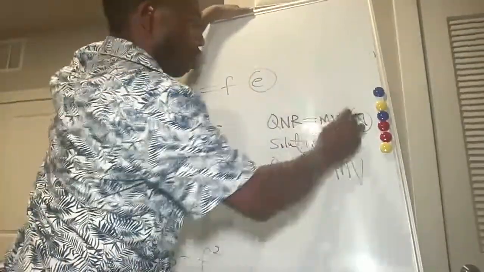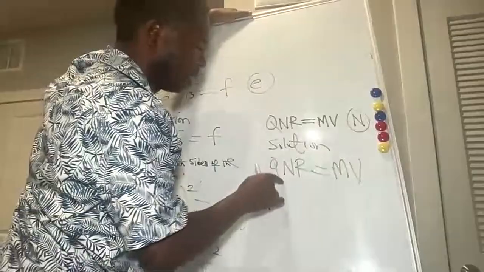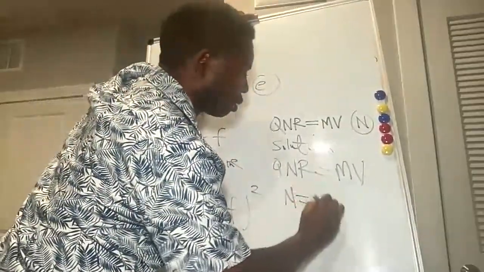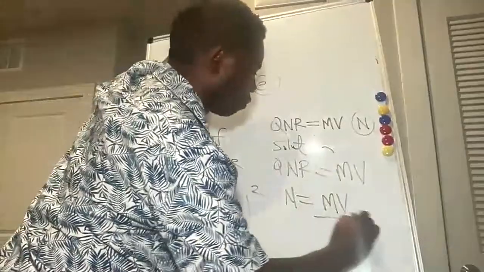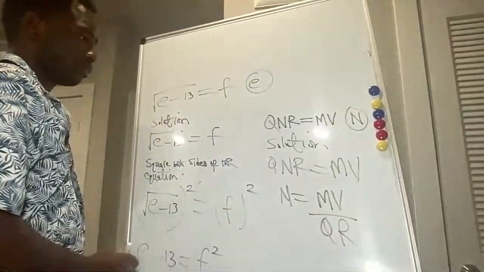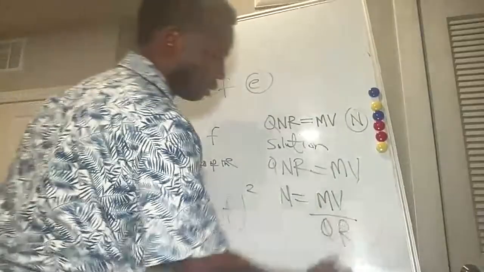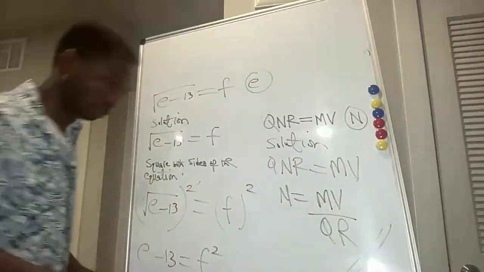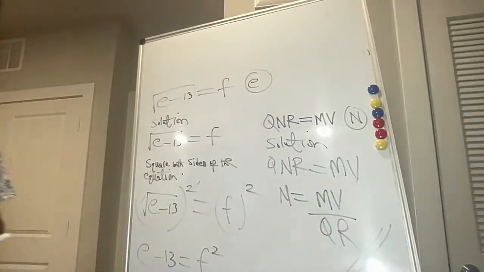Now, what next? We are making n subject of the formula, and our n is already at our left hand side. So let's proceed. n is equal to m v over q r. That is your answer.